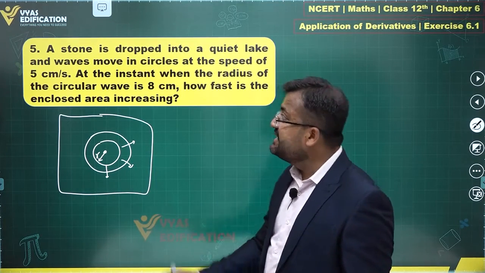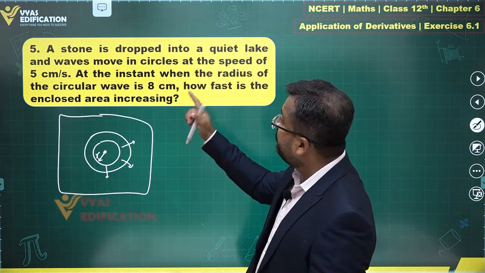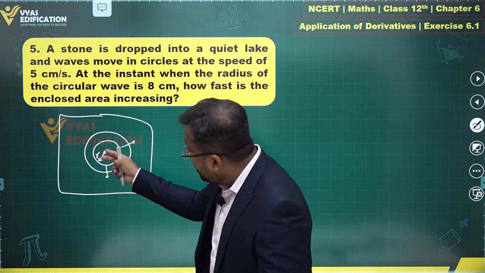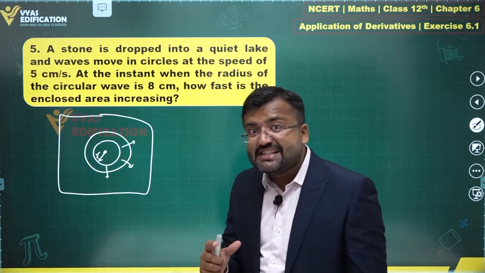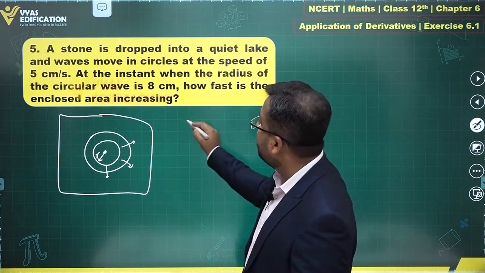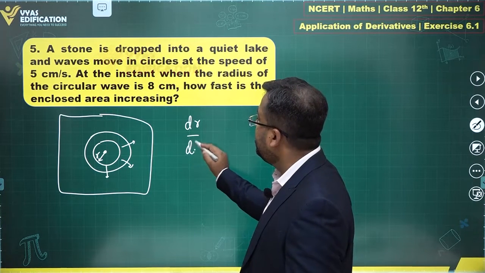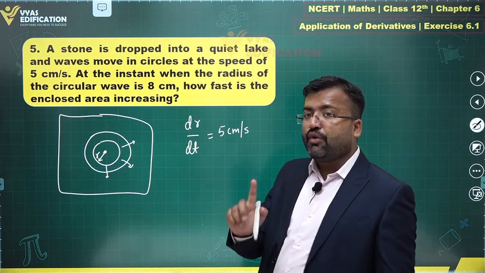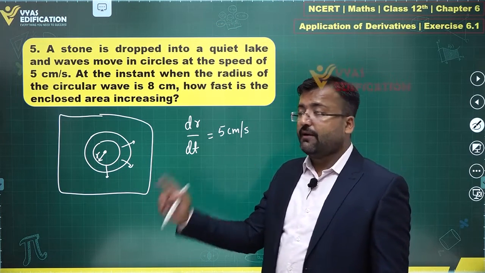Since the wave is moving, this radius is increasing at the given rate. dr by dt is given to be 5 centimeter per second. That's the important thing to observe over here.